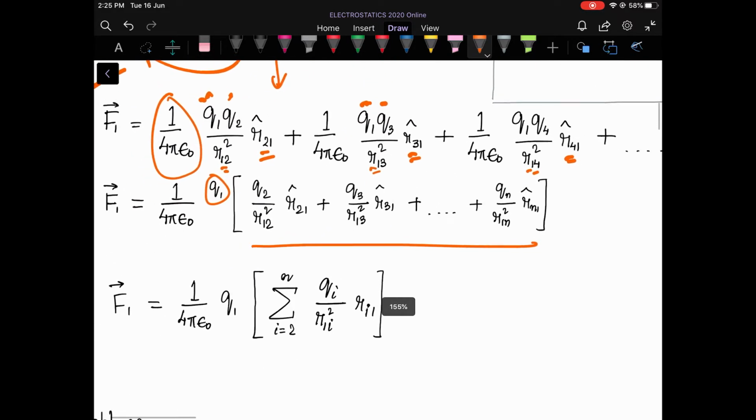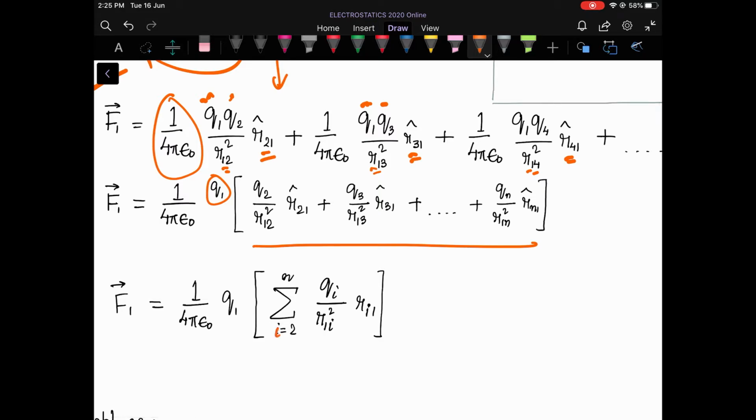This part can be written as a summation over i, where i starts from 2, because our charges are q2, q3, and go on up to qn. So we have written qi such that the charge starts from q2, q3, q4 and goes up to qn.